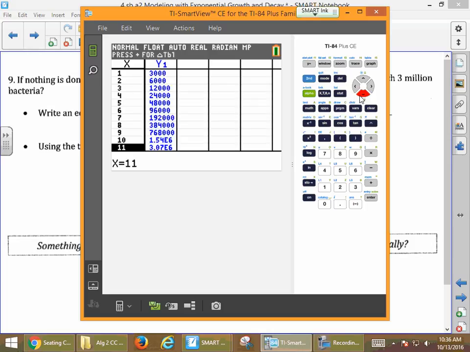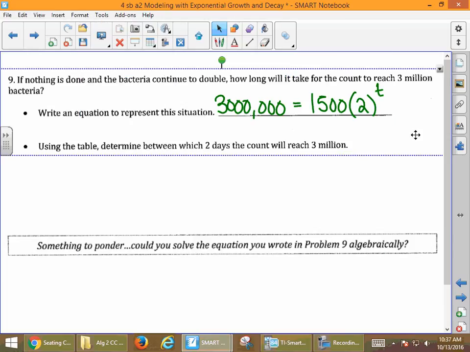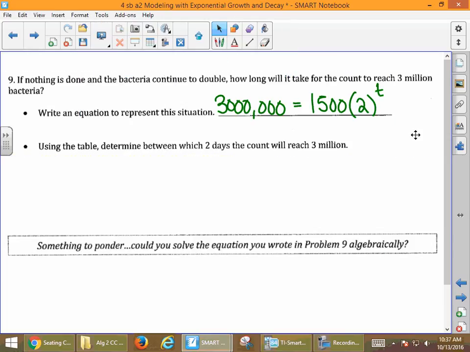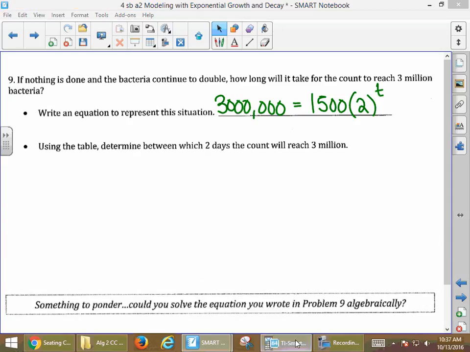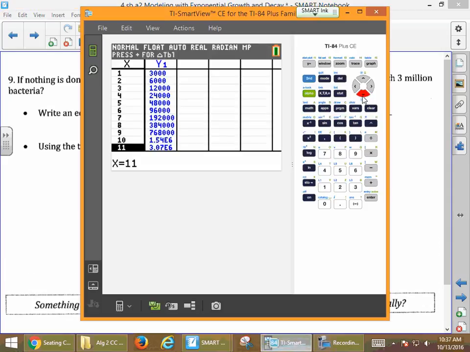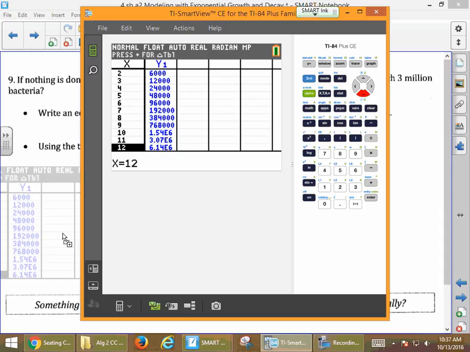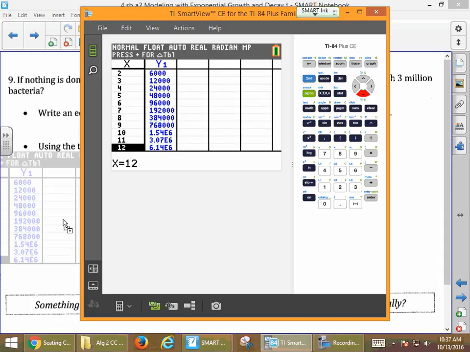And as we scroll through our screen here, on day 11, we get 3,070,000 bacteria. Well, what we're looking for is between which 2 days will our count reach 3 million. I'm going to scroll down one more here. That didn't work.